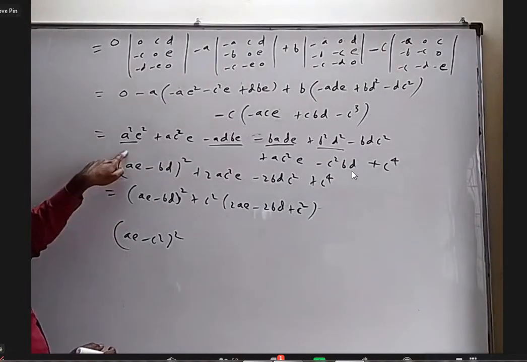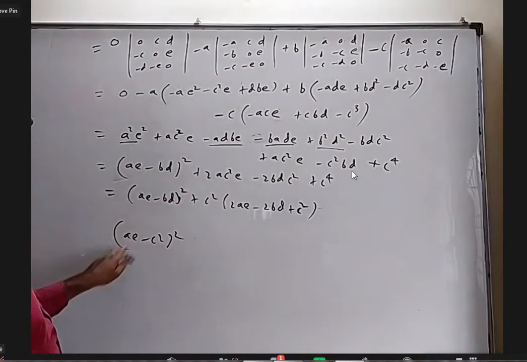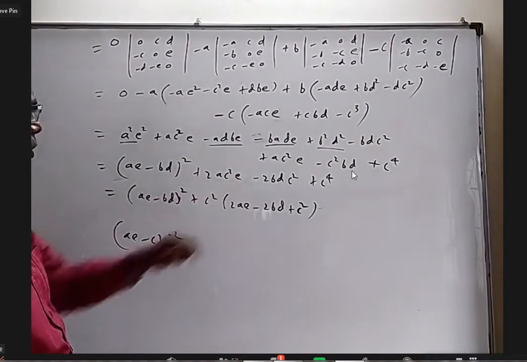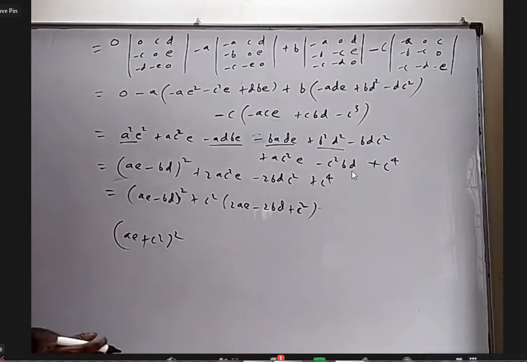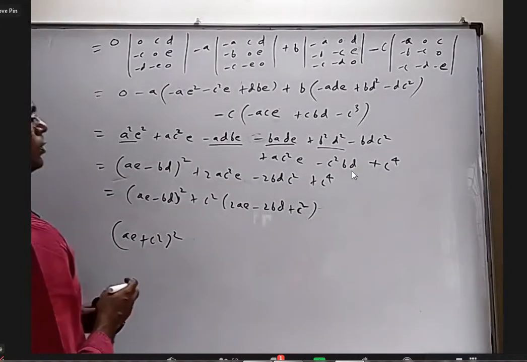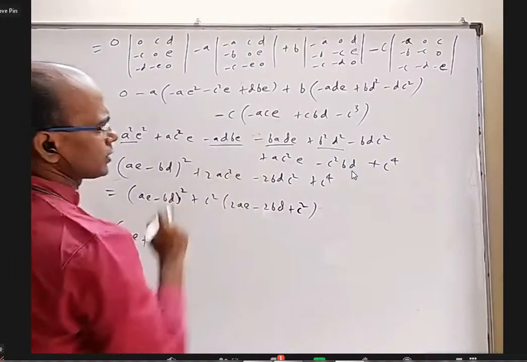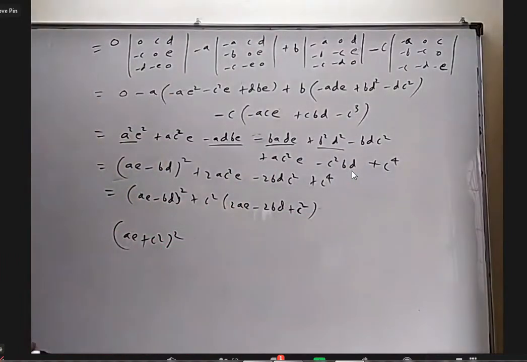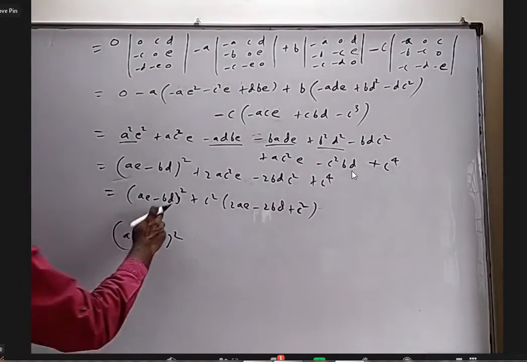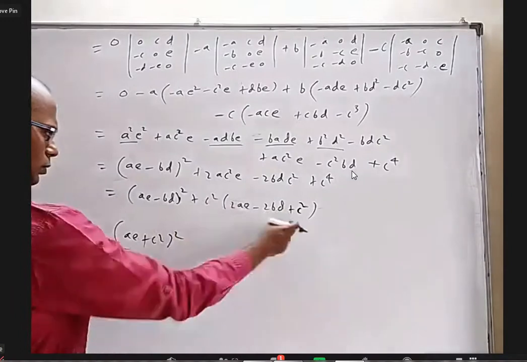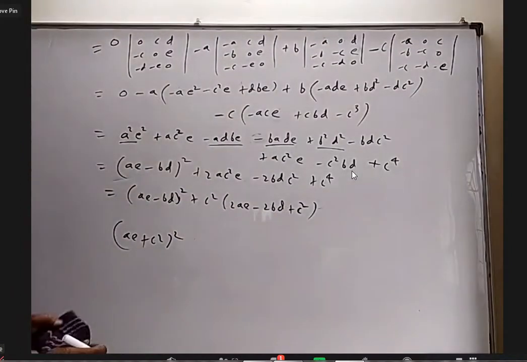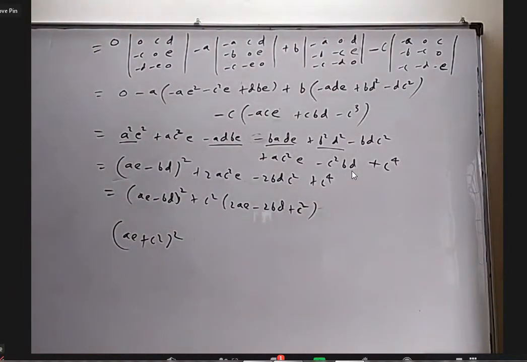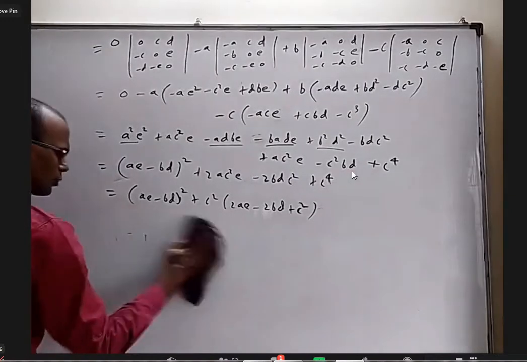A square E square, and then 2 power 4 minus 2A, plus C square. Then I would not have used minus 2ABD. One would have come here, one would have come there. Okay, leave it, it's not a good issue.